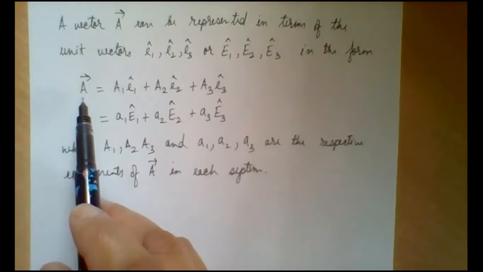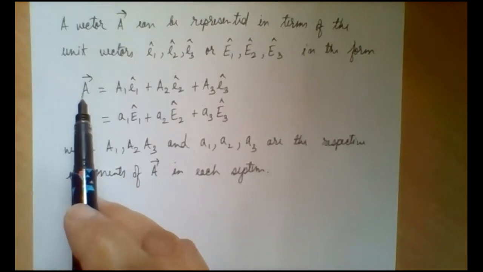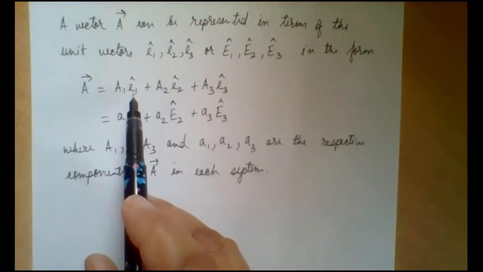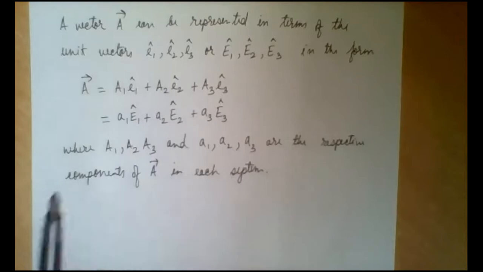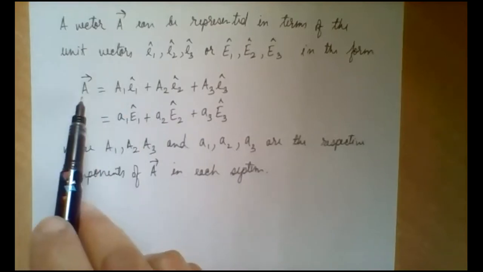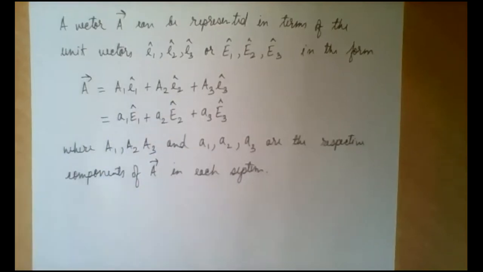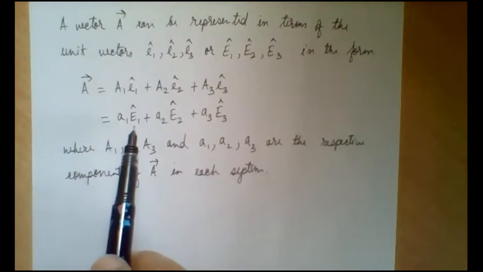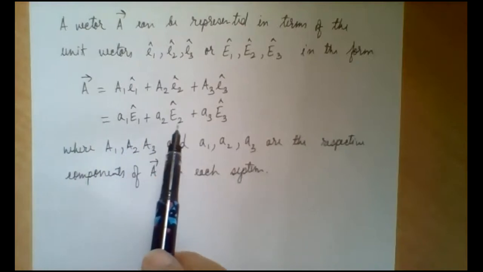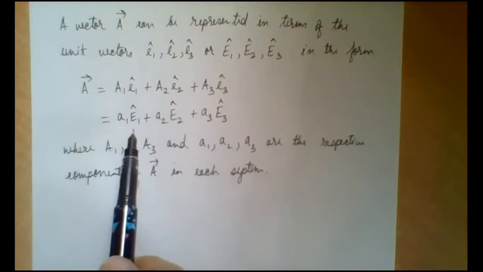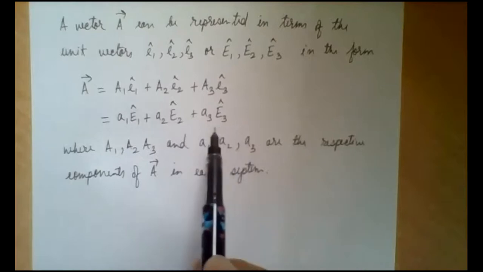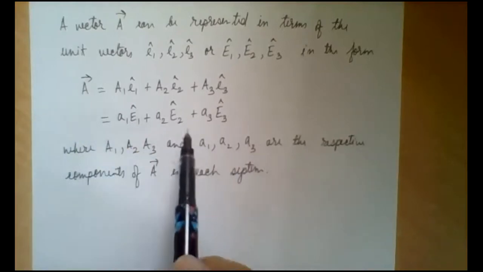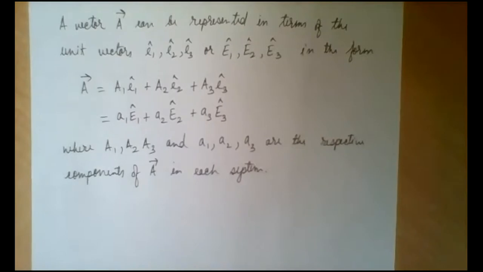Any vector A can be written in terms of e1, e2, e3 in this form, where A1, A2, A3 are called the components of this vector A in this system. However, the same vector we can also express in terms of the unit vectors capital E1, capital E2, capital E3 in this form, with small a1, small a2, small a3 as the components in the other coordinate system.